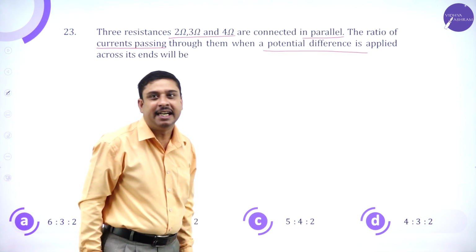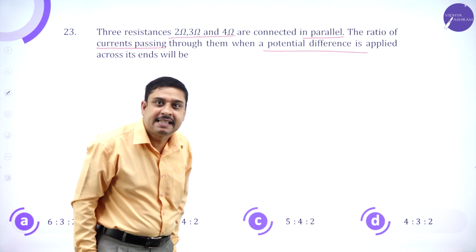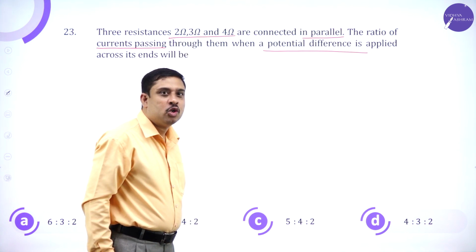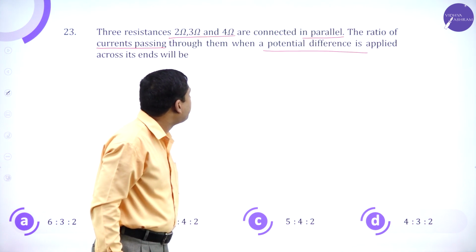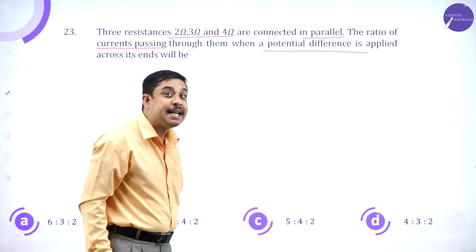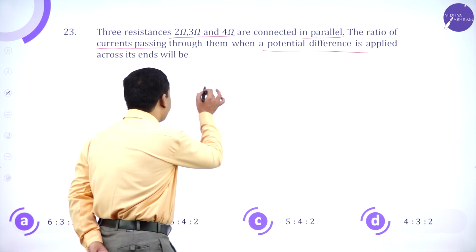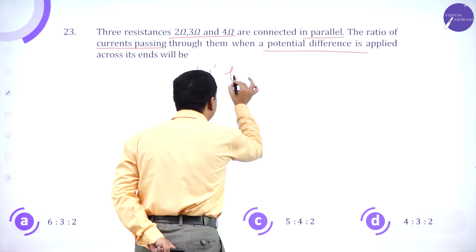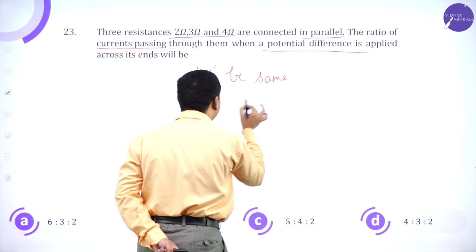3 resistances of resistance 2 ohms, 3 ohms, and 4 ohms connected in parallel. It is parallel combination, so voltage remains same.